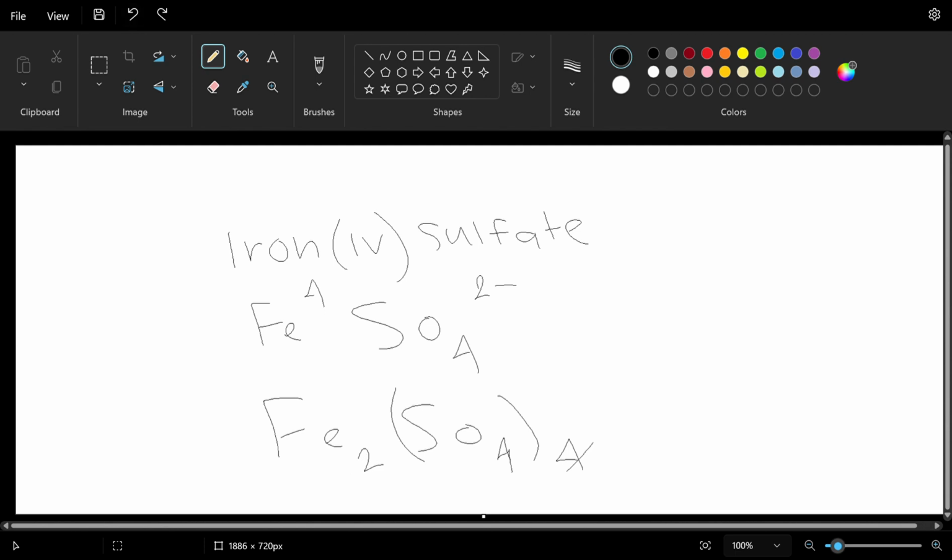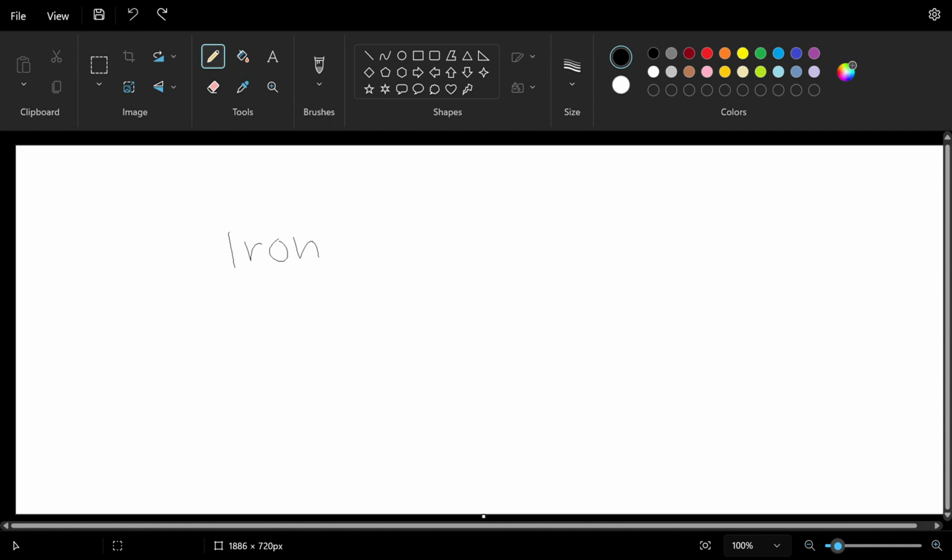Now, when you get to the nomenclature, you're going to find that it gives you a formula, and again, you're going to be using the Roman numerals and the back of your periodic table to write it out.